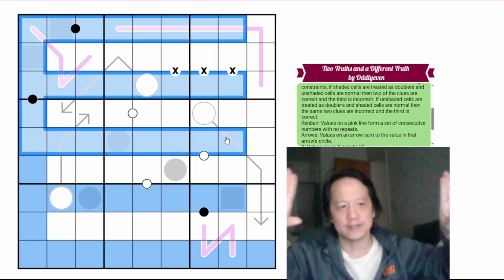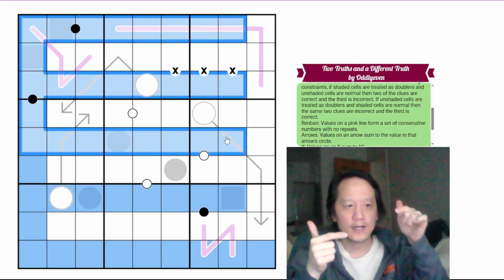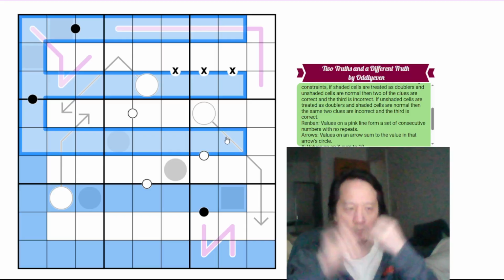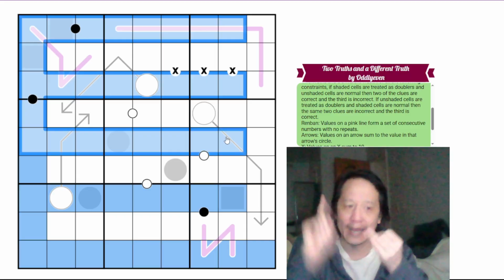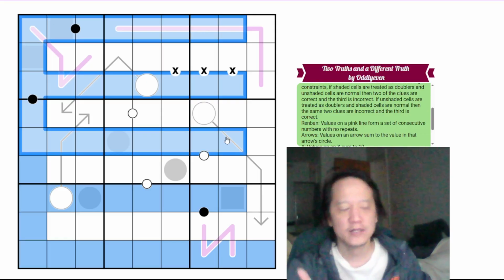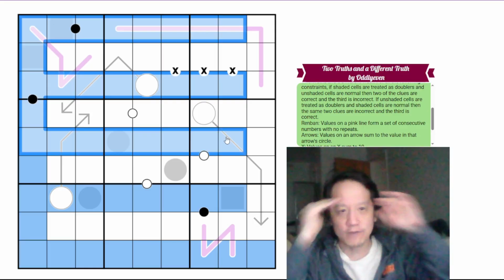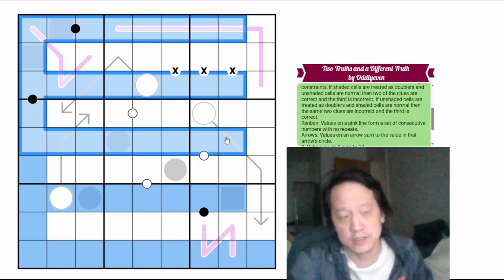You have to treat the shading both as doubling in one scenario and as not doubling in another scenario. Otherwise, it doesn't make any sense. And I was stuck there and couldn't figure out even how to approach this.